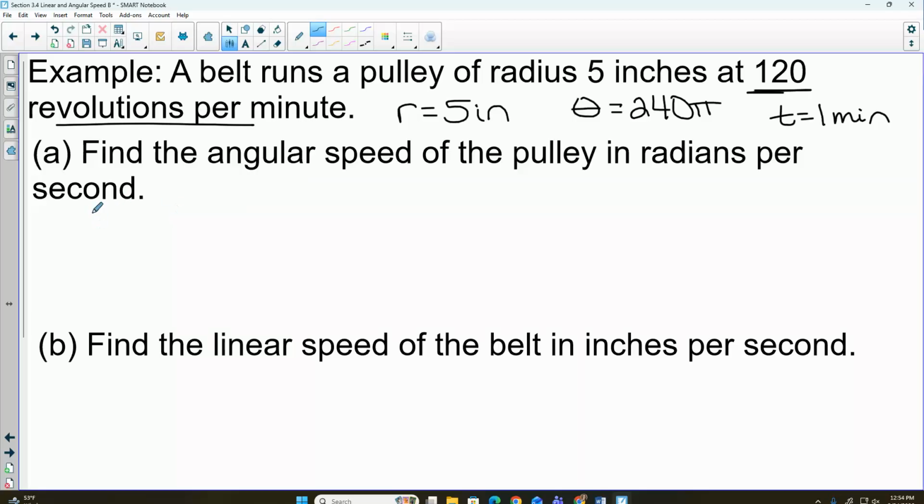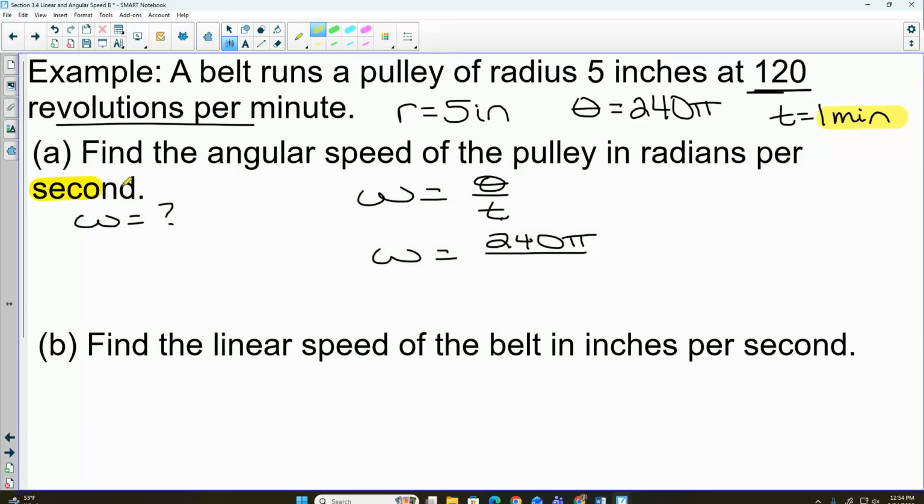Find the angular speed. What variable is angular speed? Yeah, the omega, the W-looking thing. In radians per second. Okay, so we have to be a little bit careful here. We know omega is theta over t. So my omega equals my theta, 240 pi, per, okay, my time is 1 minute.